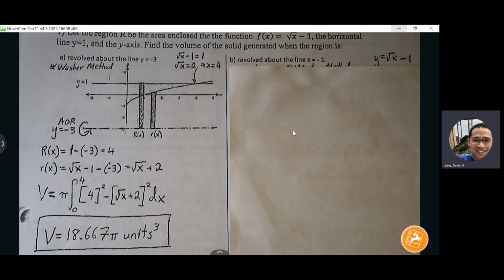Okay, try part B. I will work through part B from scratch, but want to leave this up on the board.